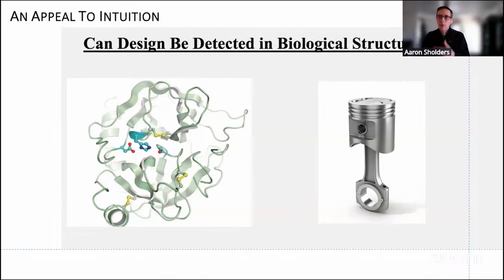It is doing something. The placement of these three side chains is crucial to the function of chymotrypsin. If you were to remove one of these or change their positioning, it would not be able to hydrolyze the peptide bond, similar to if we were to drill a hole in the top of this piston all the way through, which would cause a malfunction in the engine.